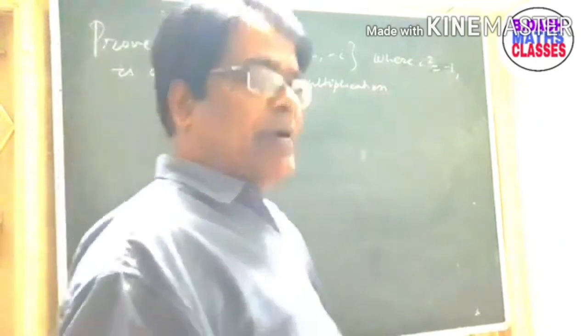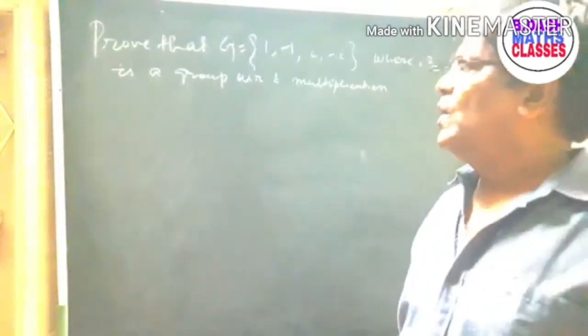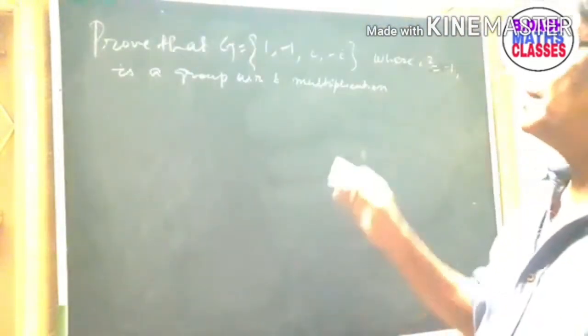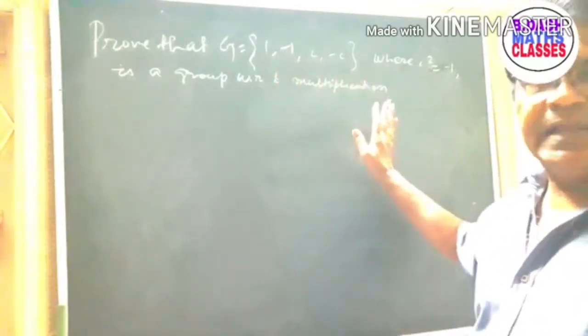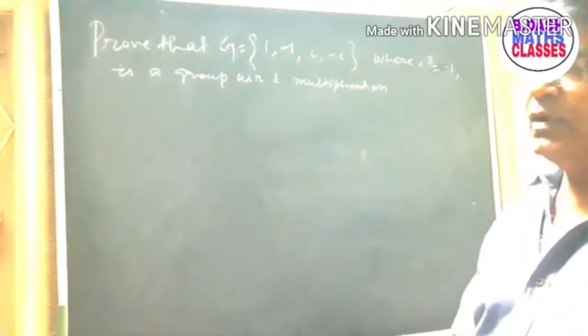So let us verify the group properties one by one for this set. So this set is {1, -1, i, -i}, and we have to show that this is a group.